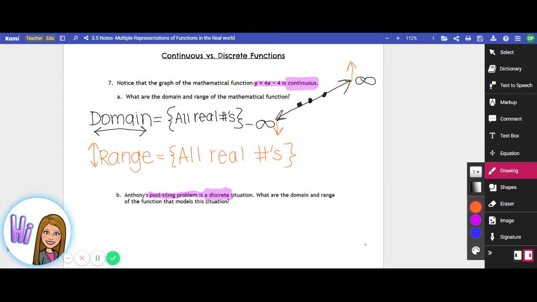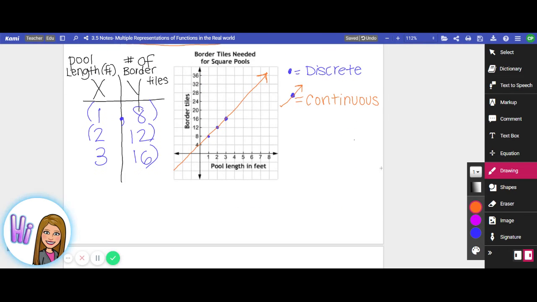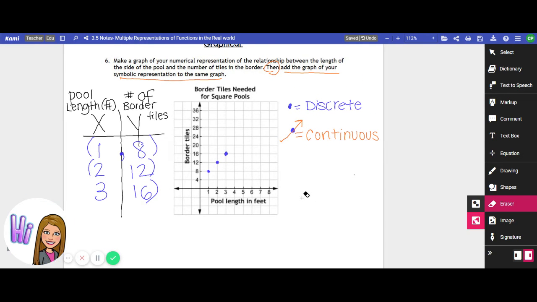But let's look at the difference when we compare it to Anthony's specific pool tiling problem. Anthony's specific pool tiling problem is a discrete situation. So I'm going to go back to where we had just the discrete, and I'm going to erase this orange line because we were just looking at the discrete situation.